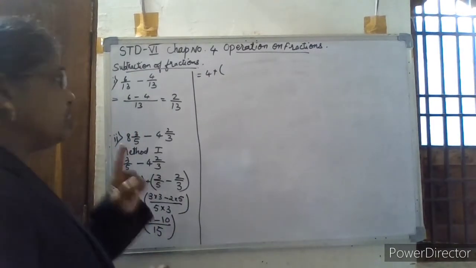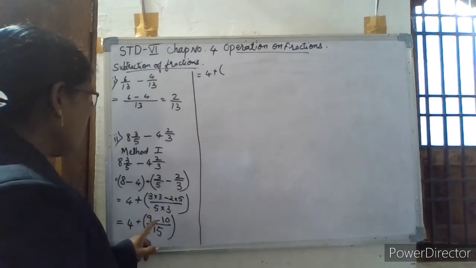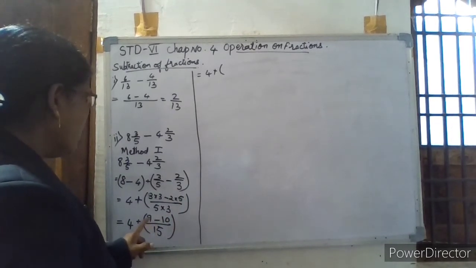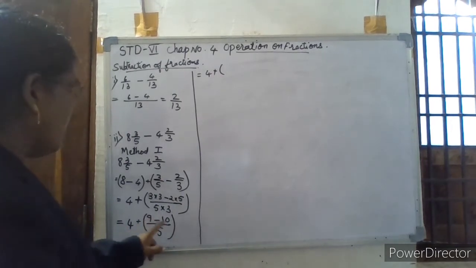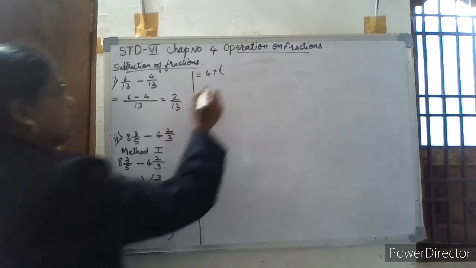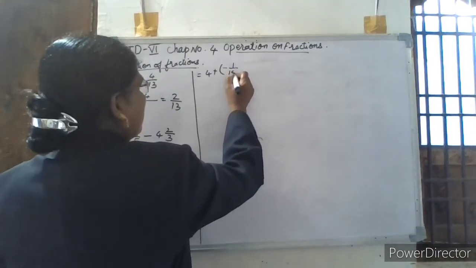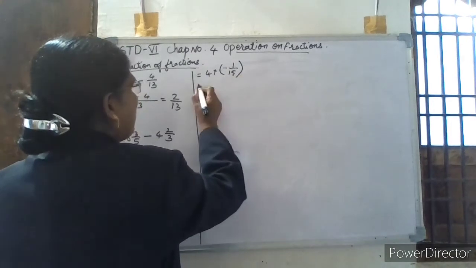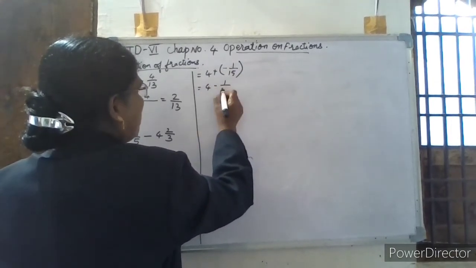Integers you have learnt: subtraction of two numbers. If both numbers have different signs, then subtract and put the sign of the greater number. So it is minus 1 by 15. Now open the bracket. Plus into minus is minus. 4 minus 1 by 15.